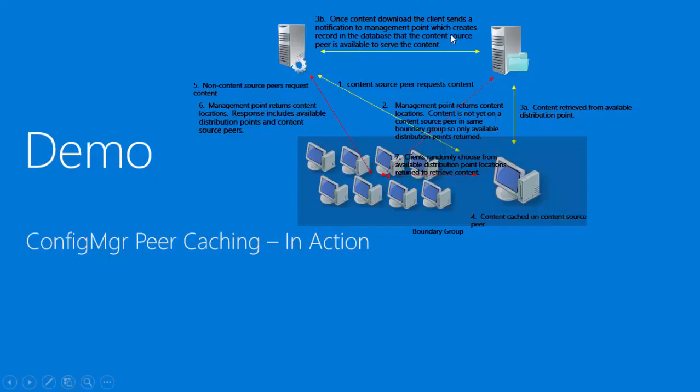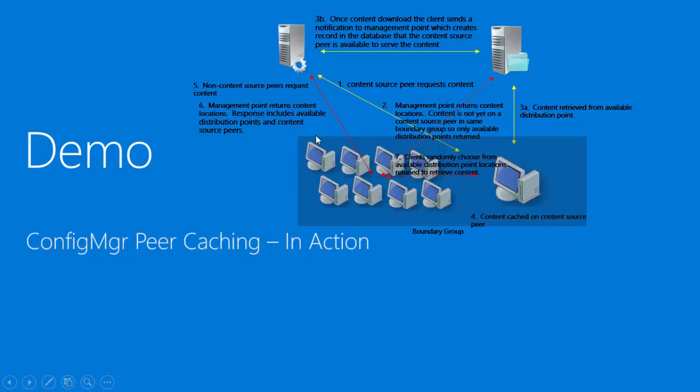Now, you'll see how this works in a minute, but I'll just say right now, this is done by state message. So now the content is cached on the content source peer. Now we have other systems in the same boundary group. One of these systems will go up, the red line, to the management point. Non-content source peers request the content. The management point now returns content locations. The response now includes available distribution points and content source peers.